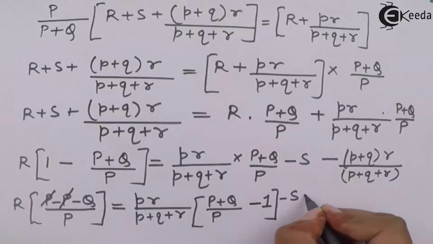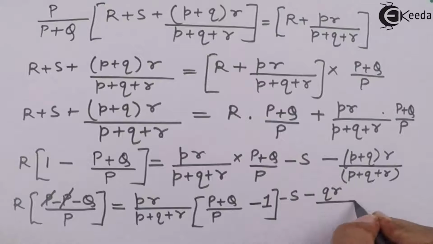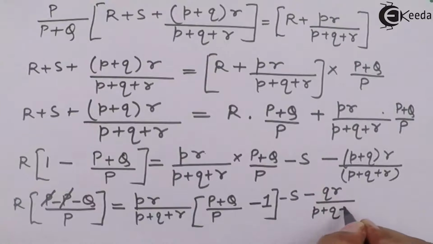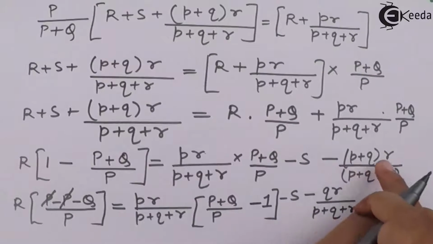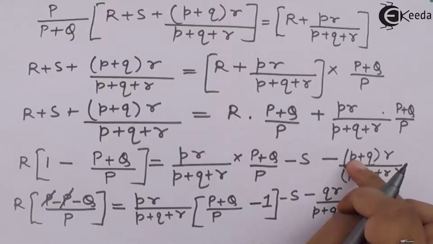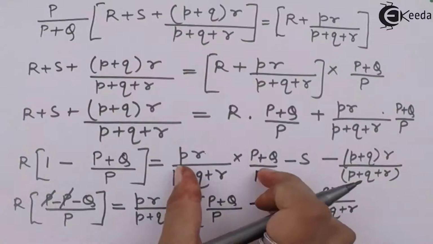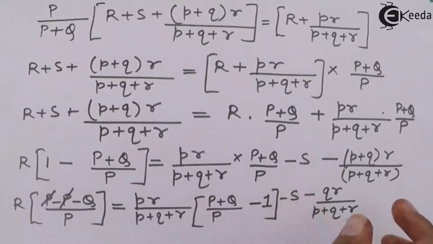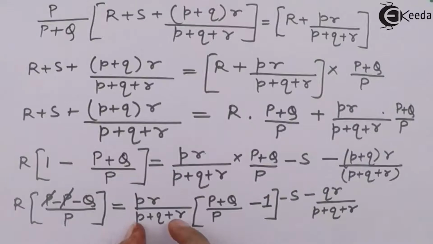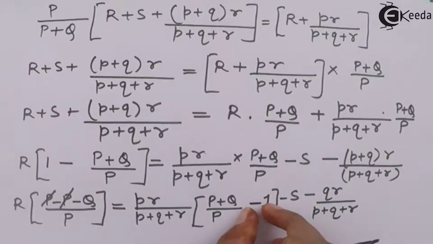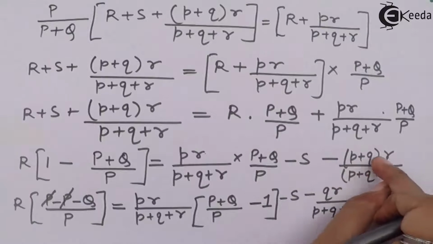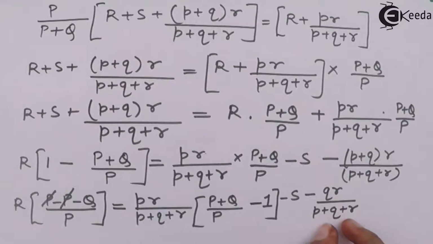Minus S and minus of QR upon P plus Q plus R. What we have done, we have multiplied this R inside, so we will get minus PR and minus QR. So minus PR, and this is also PR upon P plus Q plus R, we have taken common here. So we have P plus Q upon P, and here minus 1 is left. Again we are having minus QR, so we have written as it is.